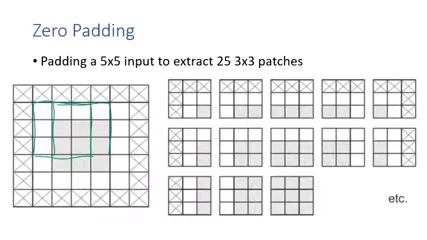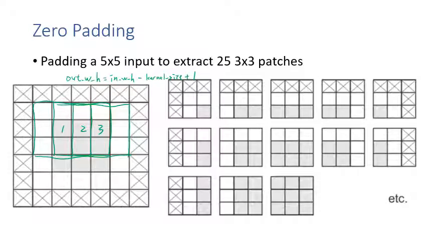For example, suppose we apply the 3x3 filter to this 5x5 feature map. We can apply three kernels, and the new output width will be 3 because we can only apply 3 kernels. The new output width and height will be the input width and height minus the kernel size, plus 1.